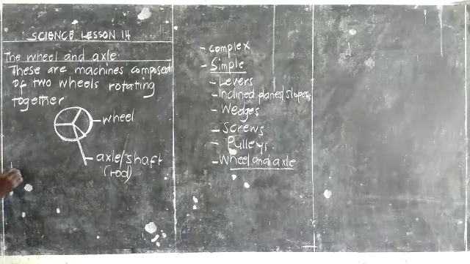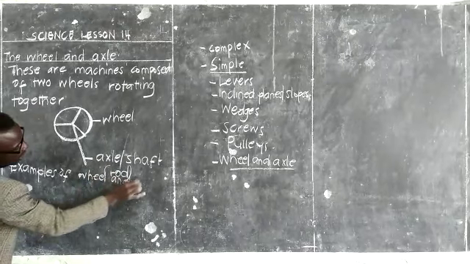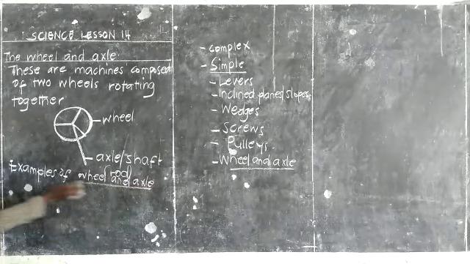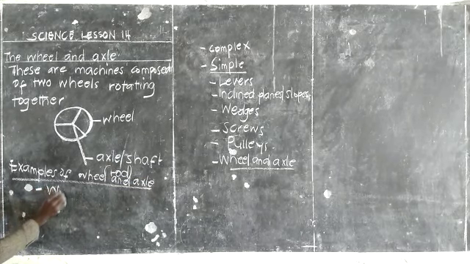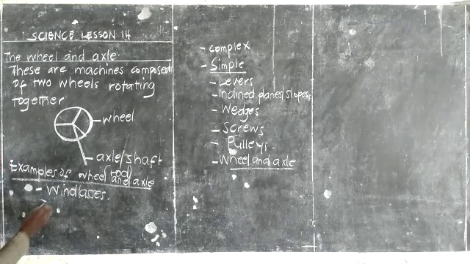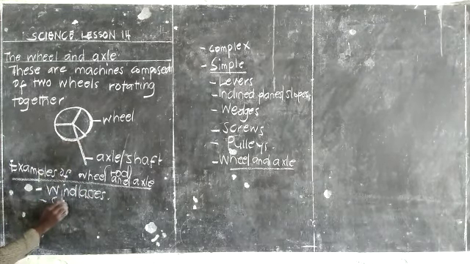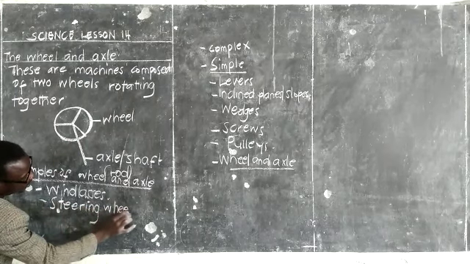Other examples of wheel and axle can be windlasses. We also have steering wheels.